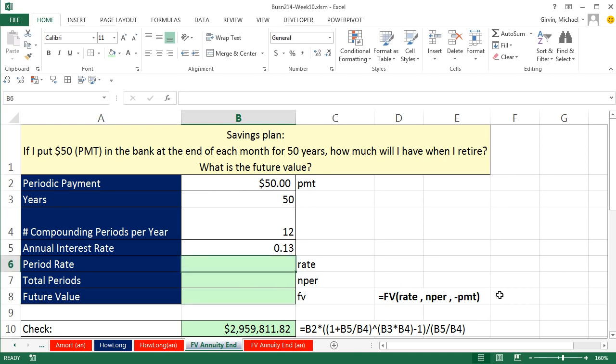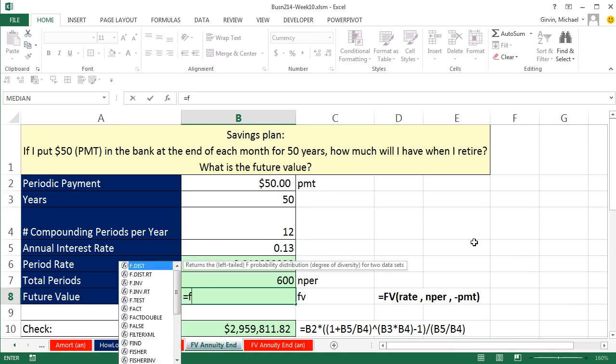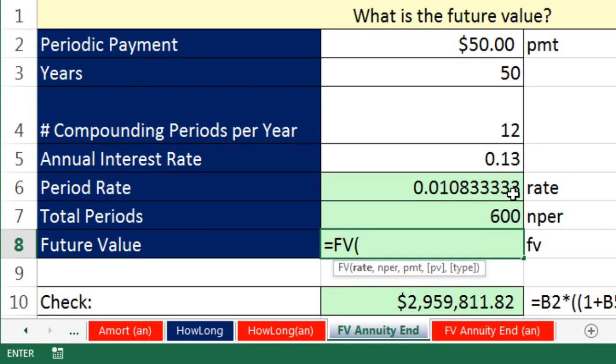All right, equals period rate, 13% divided by number of periods per year. Total periods equals 12 times 50. And then future value equals FV. After using these financial functions, you kind of get the hang of these different arguments. The rate is always period rate, comma, the NPER, total number of periods.